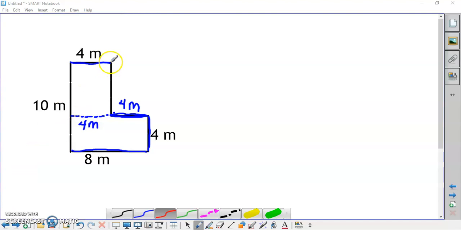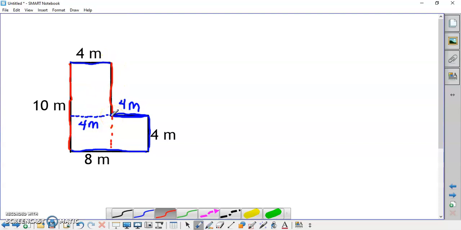What about this length? If it continued all the way to the 8-meter side, and this side is 10 meters, then it would be 10 meters. But this is not as long as the 10-meter side.